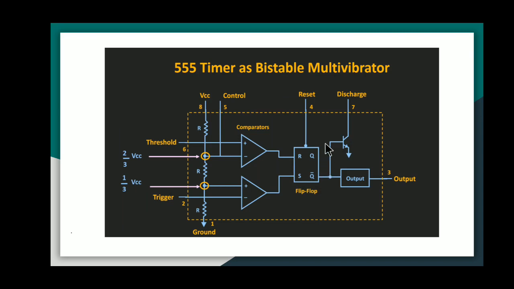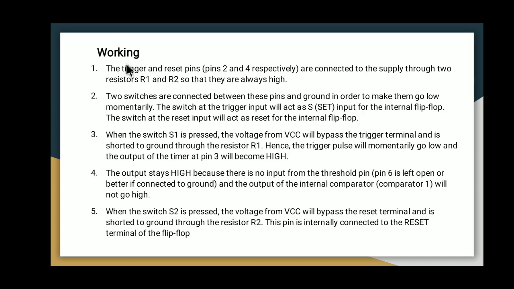Hence, the output of the 555 timer will be equal to logic 0. In this condition, the inputs at trigger and threshold are not changing. So even after releasing the reset pin, the output of the 555 timer will remain at logic 0. This is the working of the 555 timer as a bistable multivibrator.